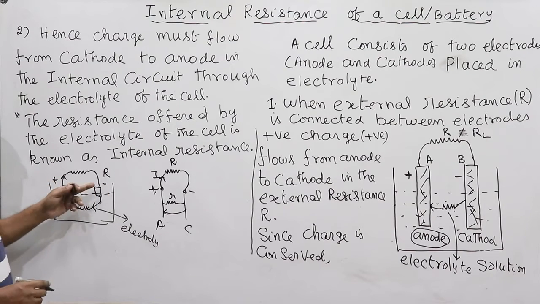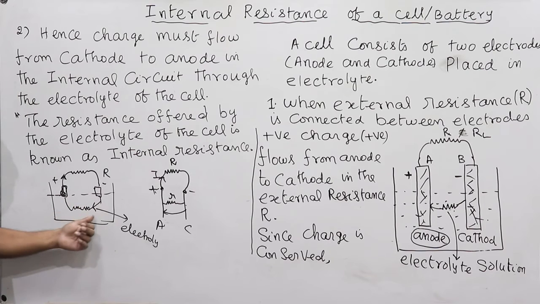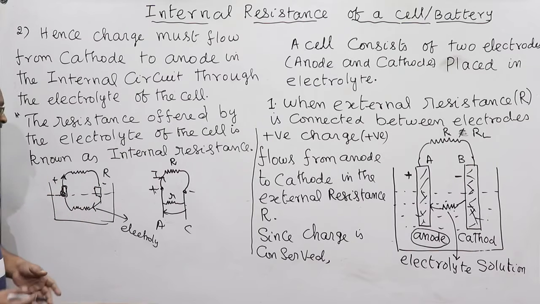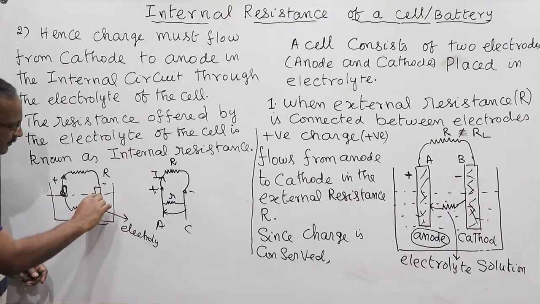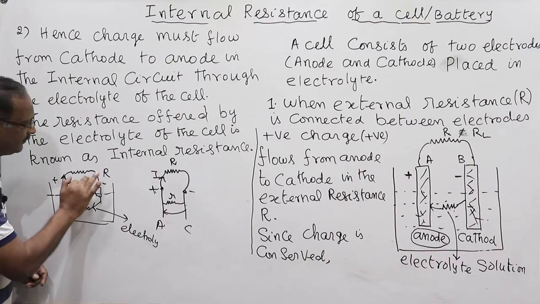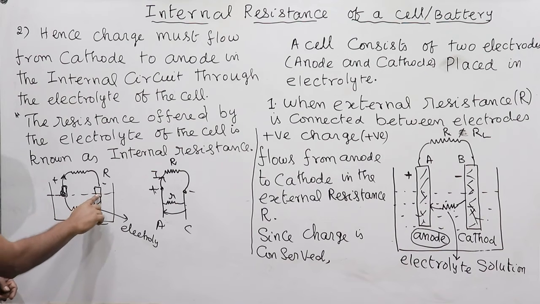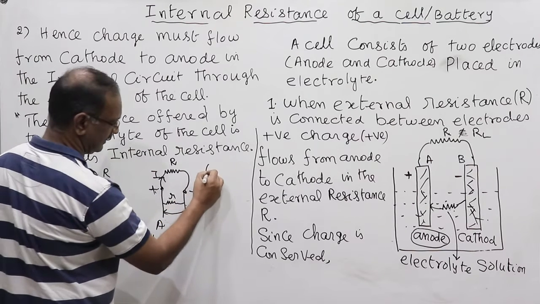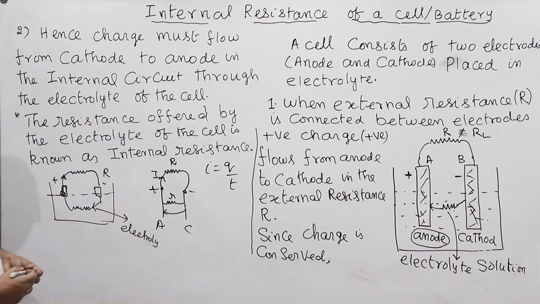Current flows because of the chemical reaction that takes place in the electrolyte, from here to here, from lower potential to higher potential. This is positive and this is negative. Since charge is conserved, there has to be a flow of charge from here to here, and current is the flow of charge per unit time.